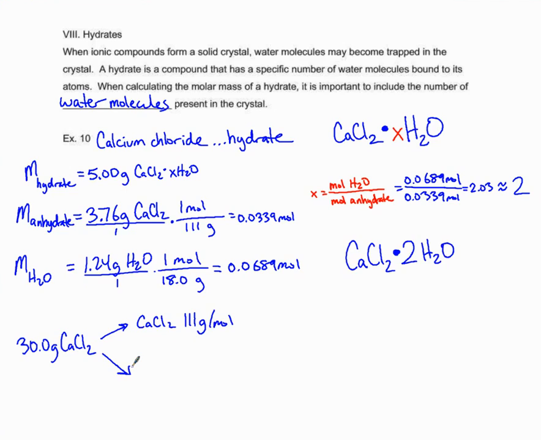But if this is actually a hydrate, you have to factor in these extra 2 waters. And so the molar mass would be 111 plus 18 plus 18. So that's the 2 waters. So the molar mass of this hydrate, which includes 2 waters, is 147 grams per mole.